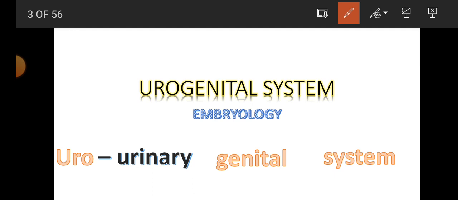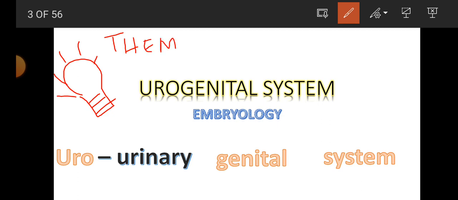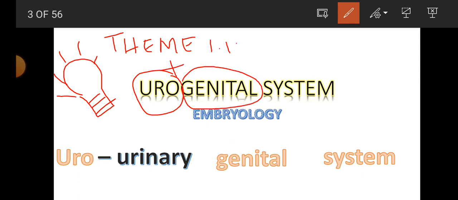Now we should enlighten ourselves with a theme. The theme that lies in the development is number one, that the urinary system and the genital system are interconnected with each other.